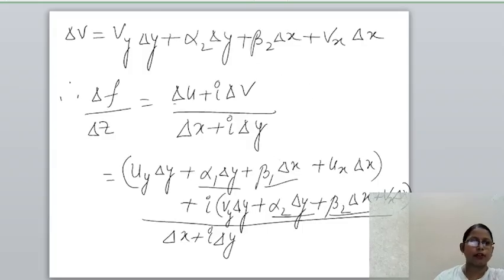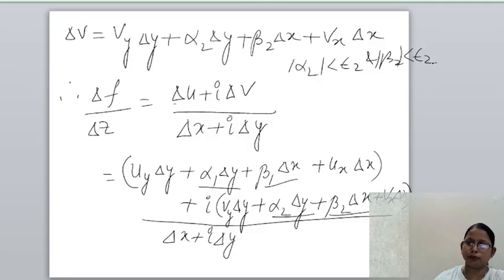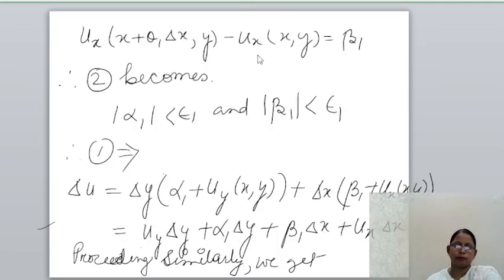Here you should write one condition, that is, α2 is less than ε2 and β2 is less than ε2.